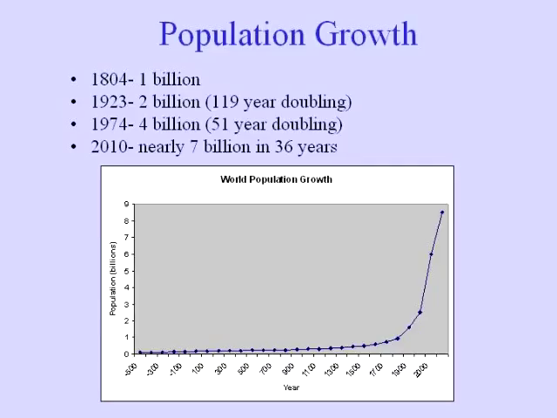And by the year 2010, we just about reached 7 billion, a doubling time of 36 years. Although, as I said, doubling time has now dropped to about 60 years. And in the years to come, it is predicted that doubling time will further slow.